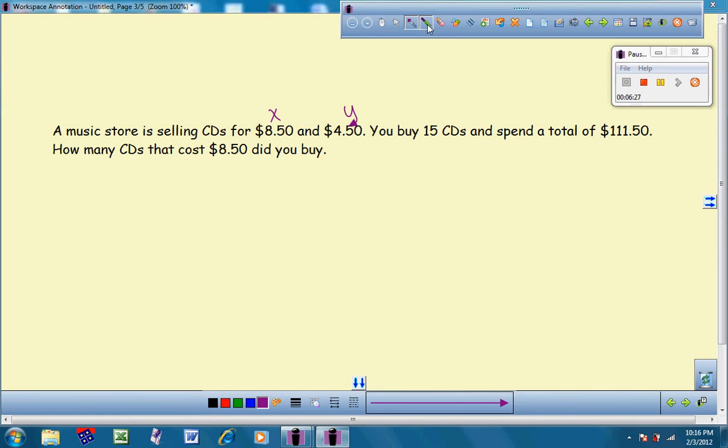Now let's go ahead and start trying to organize our information. If we look at the second part of our word problem, we know that we have 15 CDs. x and y represent the number of CDs that we have purchased, so one equation could be x plus y is equal to 15.